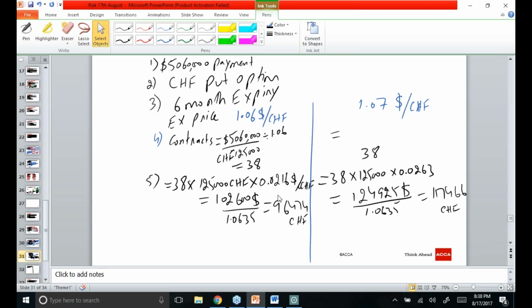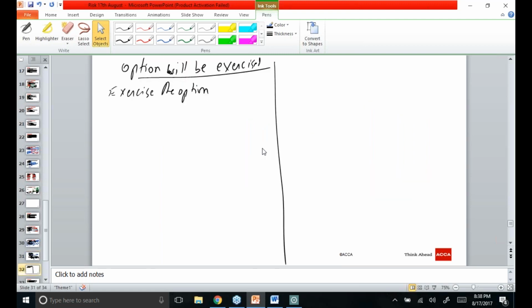And if you are going to pay CHF, you will definitely pay for 38 contracts. So exercising the option means you will pay the CHF, that means 38 contracts, and one contract is of 125,000 CHF value. So that means you will pay 4,750,000. You will pay this amount.